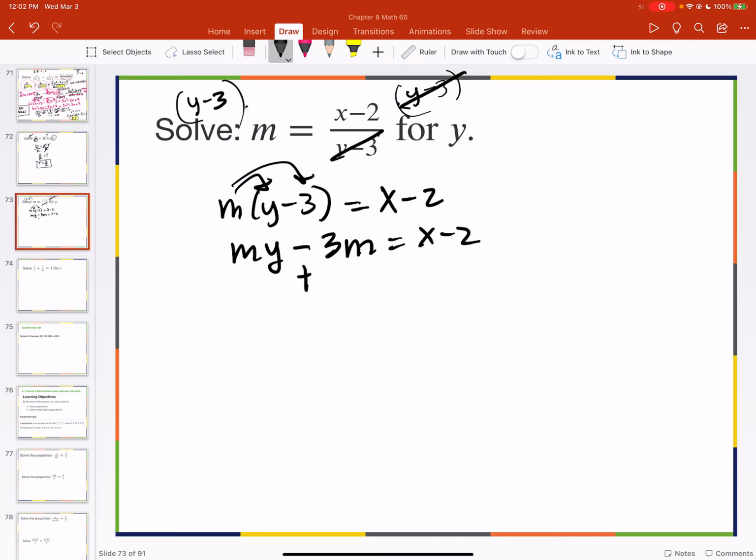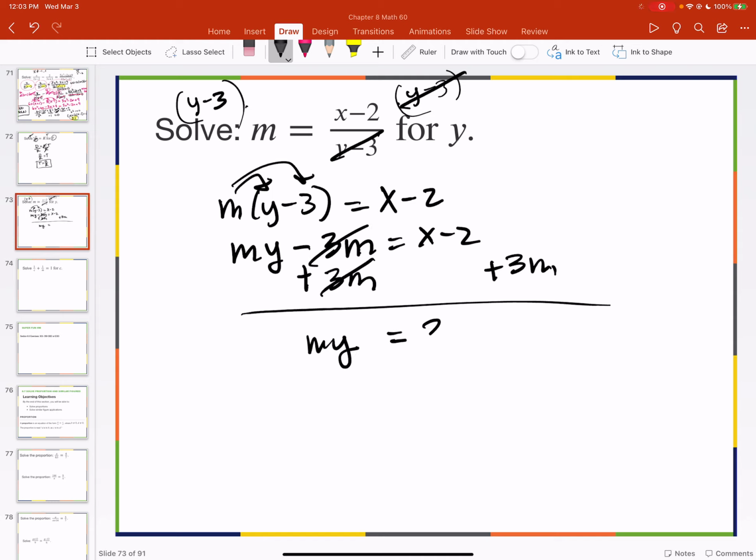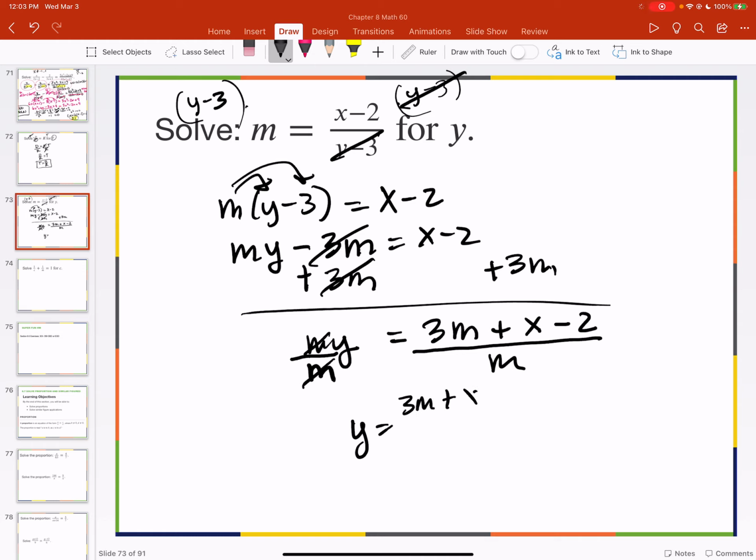I'm just going to add 3m to both sides, and I get my on the left-hand side, and on the right-hand side I get 3m plus x minus 2. And finally, to solve for y, we divide both sides by m, the entire both sides. So y is equal to (3m plus x minus 2) all over m.